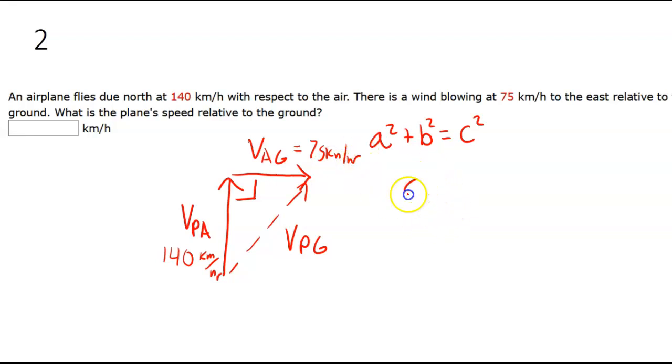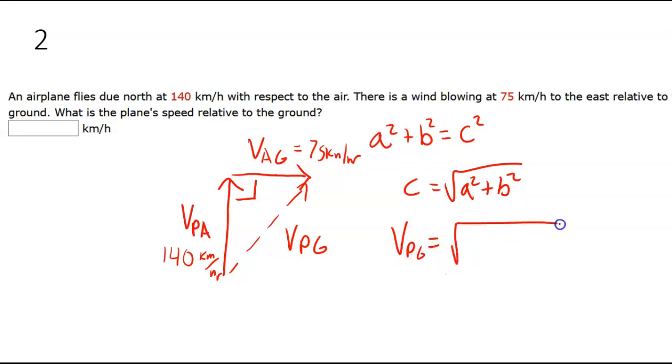And so if c is equal to the square root of a squared plus b squared, I'm just going to say the speed of the plane relative to the ground is equal to the square root of 140 squared plus 75 squared.